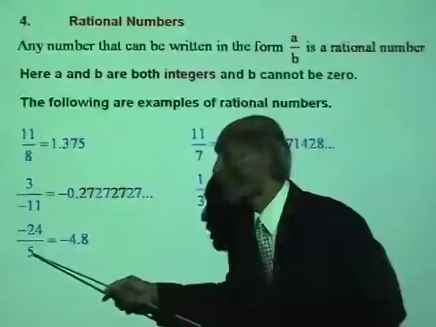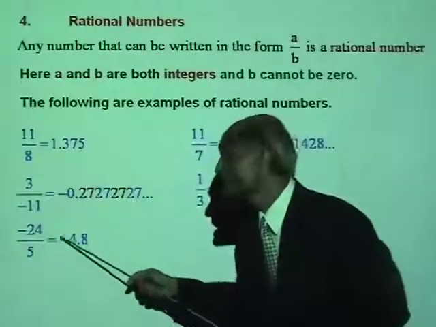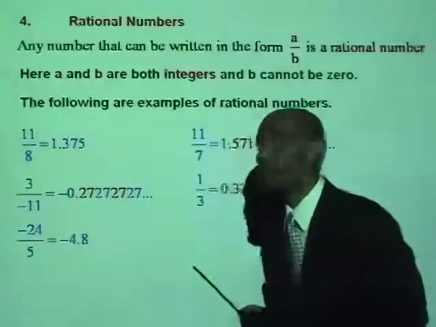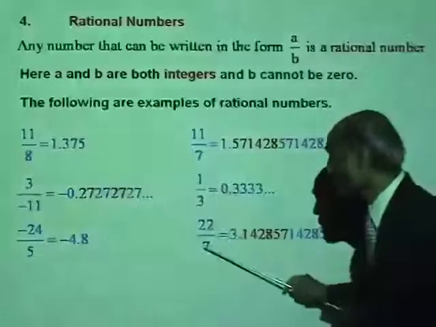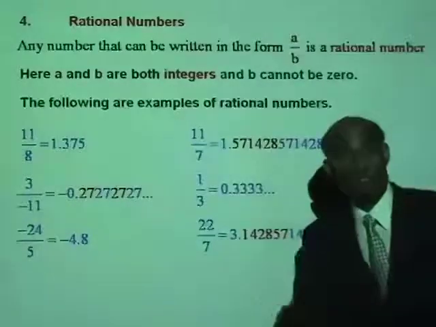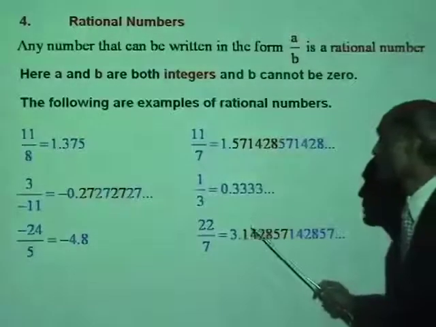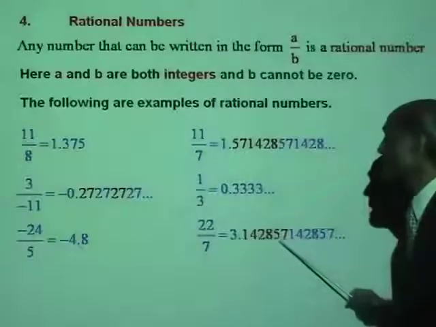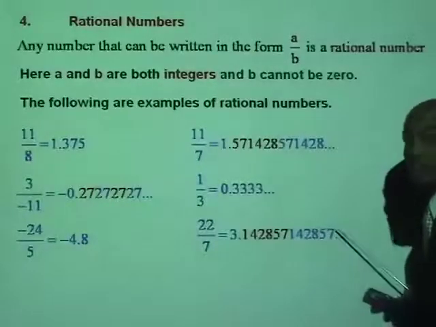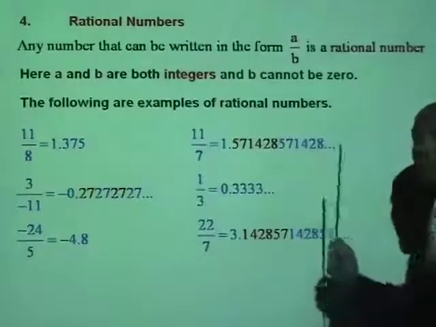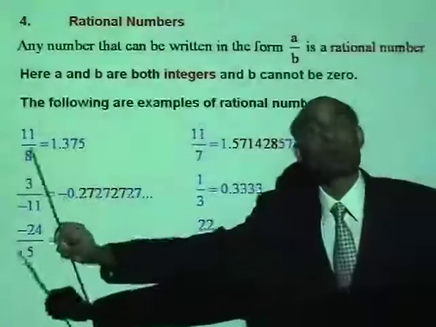Negative 24 over 5 is negative 4.8. 22 over 7, another rational number, is 3.142857, 142857, 142857. It goes on repeating.